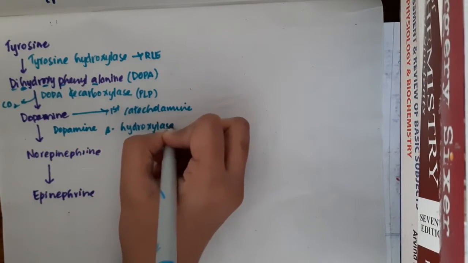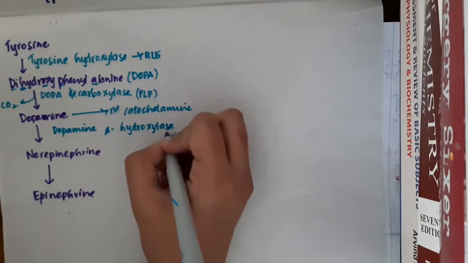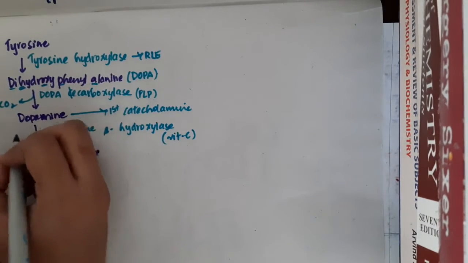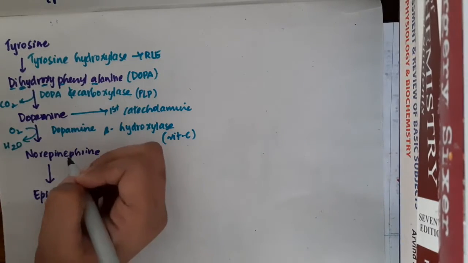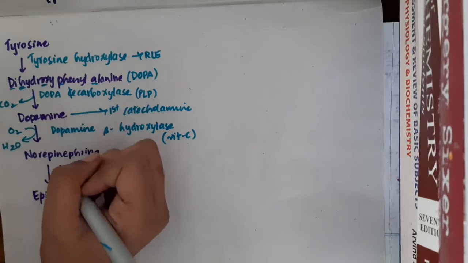This dopamine beta hydroxylase requires vitamin C, and during this process oxygen gets converted to water. So dopamine, in the presence of dopamine beta hydroxylase, forms norepinephrine. Dopamine is the first catecholamine to be formed.